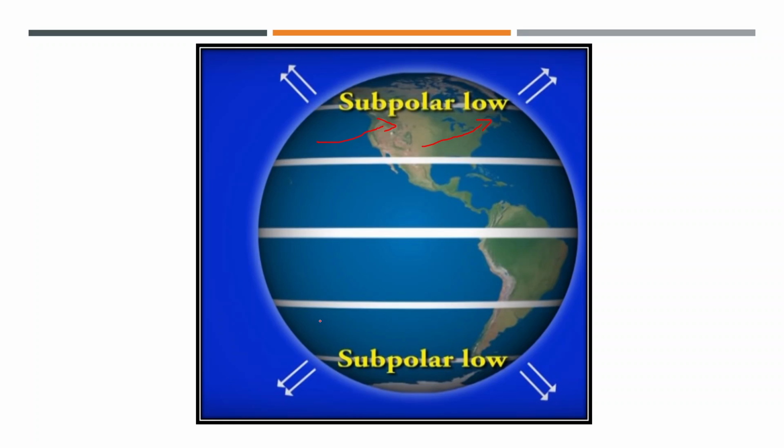In the north, in the south, they are blowing in this direction. Because these are low pressure areas, winds are moving towards this low pressure area. So these areas have a lot of cyclonic activity and storminess, especially during the winter season.